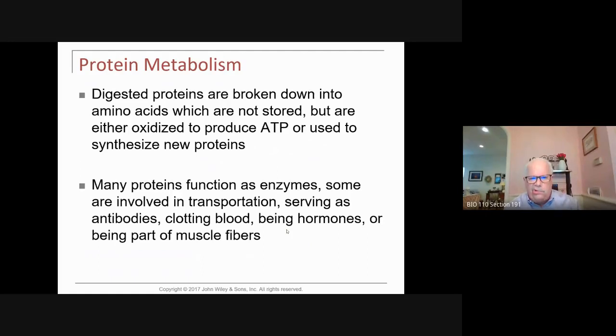They are never stored. The majority of proteins in your body function as enzymes. They function as antibodies, gamma globulin. They function as proteins that clot your blood. They function as hormones, or they function as muscle fibers. They are never stored.